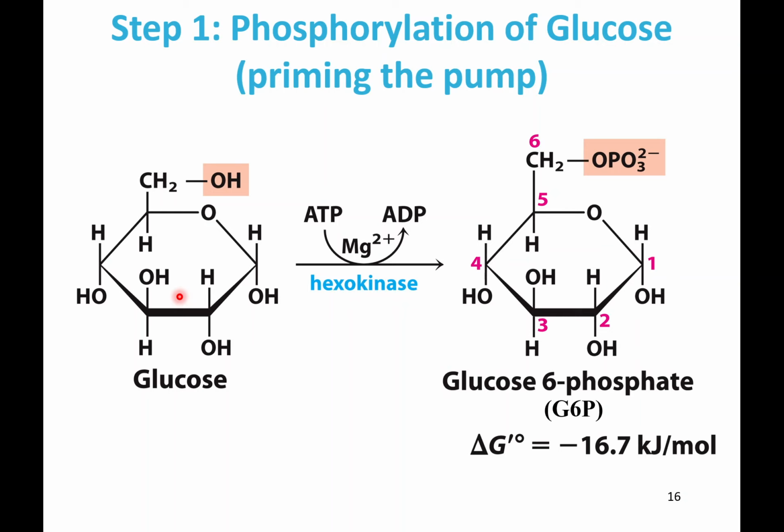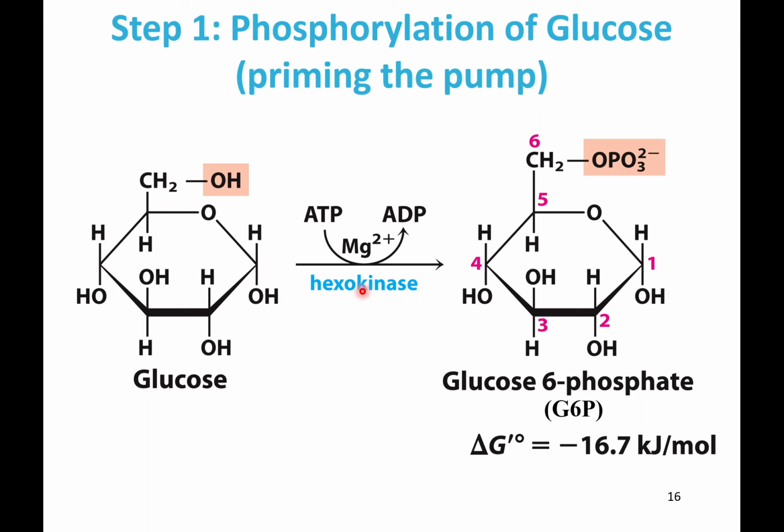Okay, so let's start with the first step. The first step is the reaction of glucose going to glucose 6-phosphate, and that's catalyzed by an enzyme called hexokinase. Hexo means 6, in this case a 6-carbon sugar, and kinase tells you that it's an enzyme that catalyzes the transfer of a phosphate group.